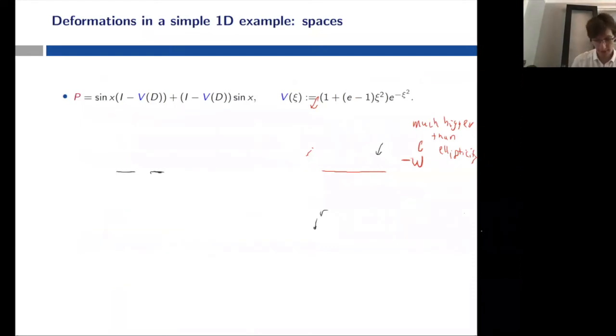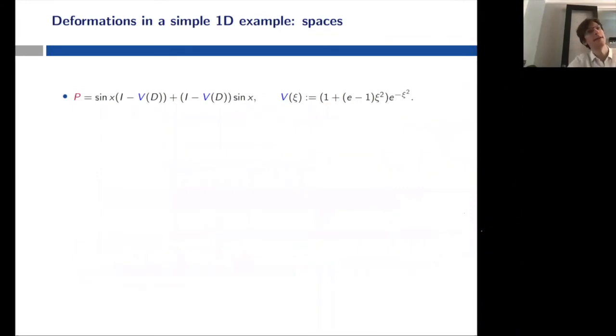Okay, so again, I look at the same problem here, and I want to understand how these spaces work, right? So I'm going to use the method of complex scaling in this case, and I'll explain how that relates to the deformations in a moment. So what that means is I'm going to move from the torus, which is just x, to some complex version of the torus, some shifted version of the torus given by some small shift theta times a function of x.